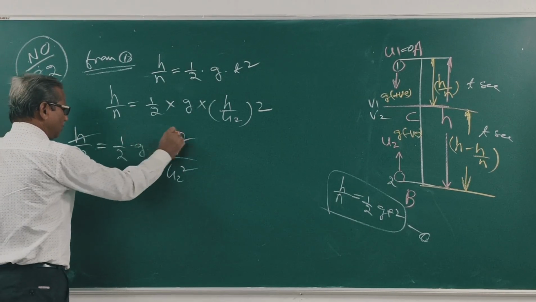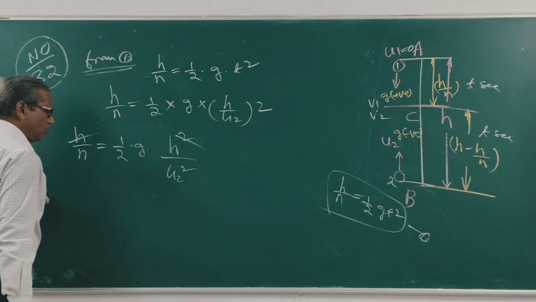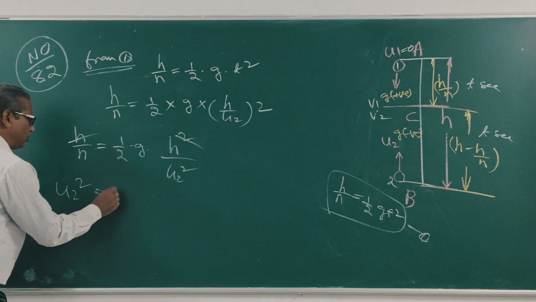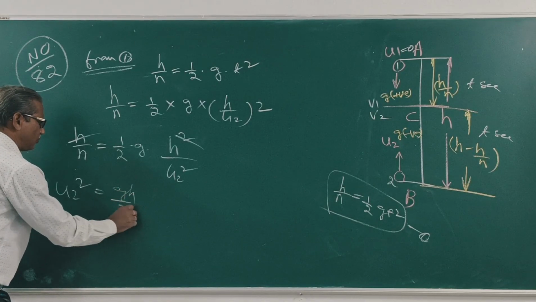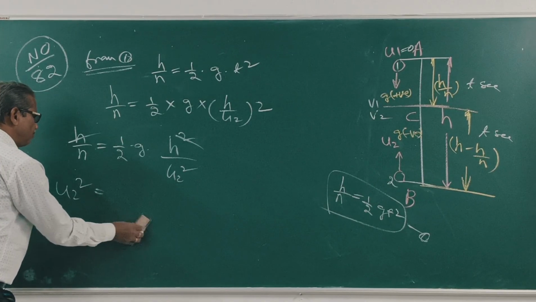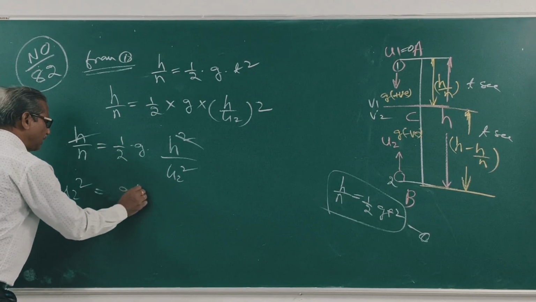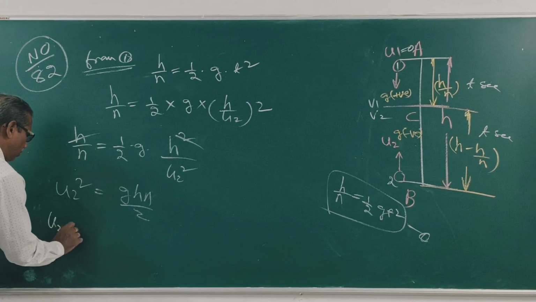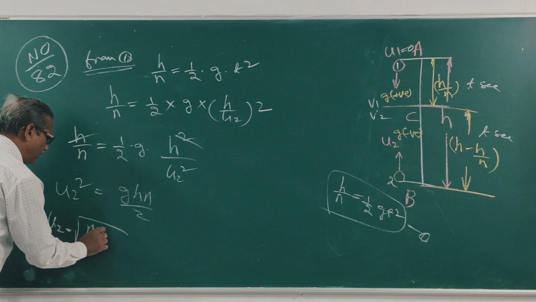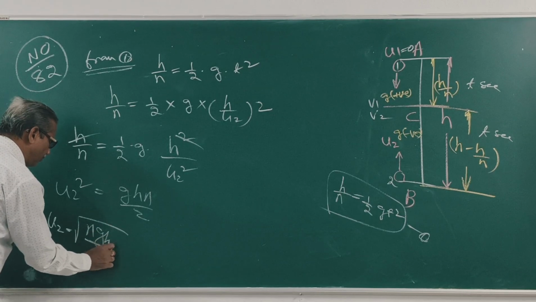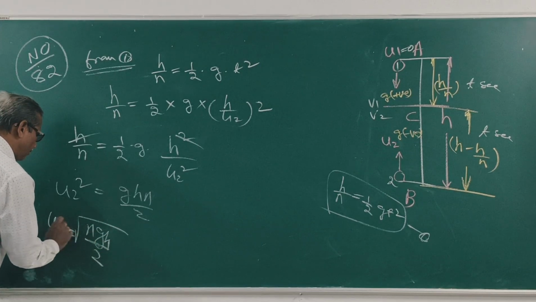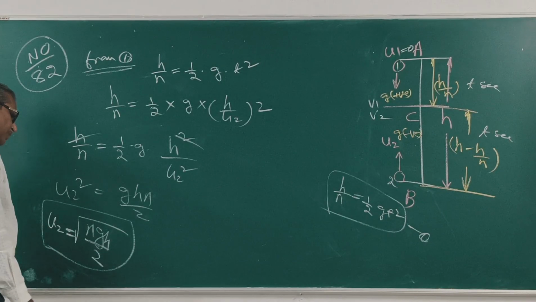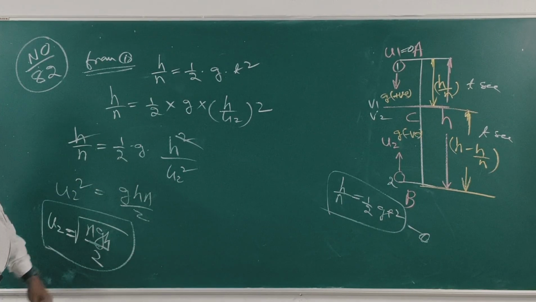H cancels out. So u2 square is equal to gh n by 2. What is u2 equal to? Root over ngh by 2. Right? This is the value of u2. One answer we will get.